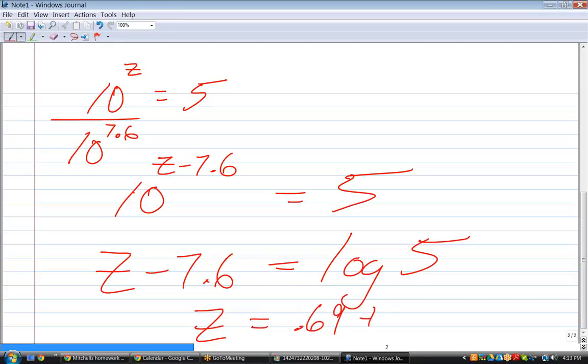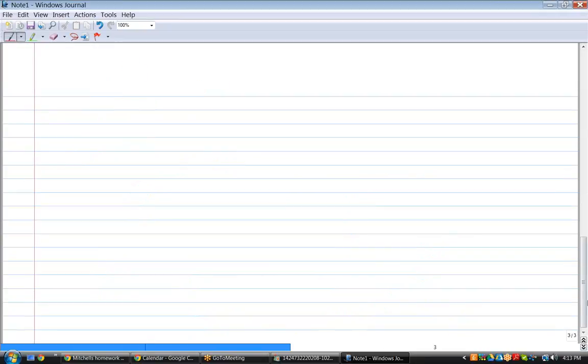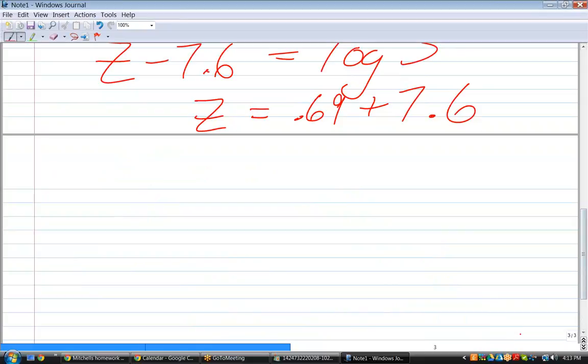All right, there's our answer. I add 7.6 to both sides, and we get z is equal to 8.29.